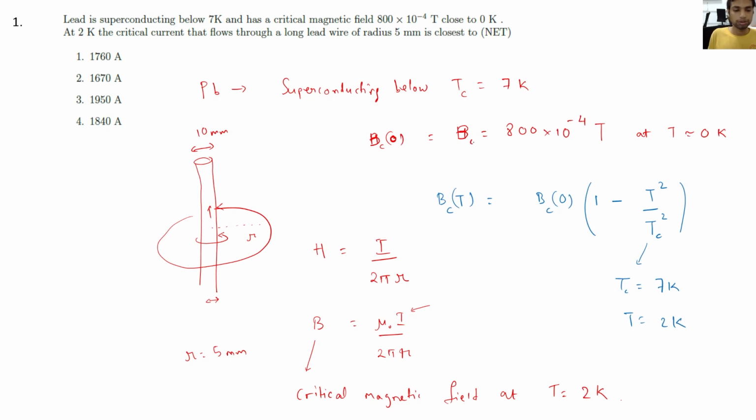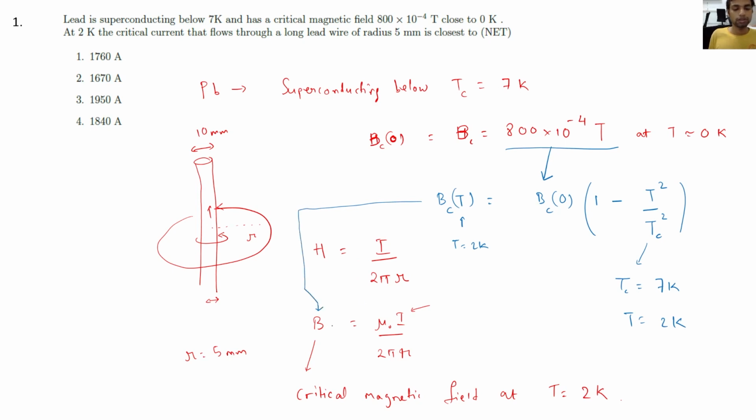And B0 we know, it is this value, and thereby we can obtain the critical field at T equal to 2 Kelvin. All the values we know, so we will obtain the critical magnetic field at 2 Kelvin. Then that we have to put here in this expression.